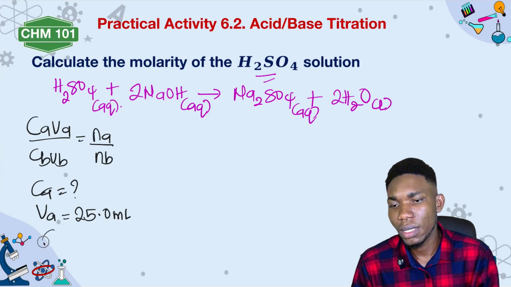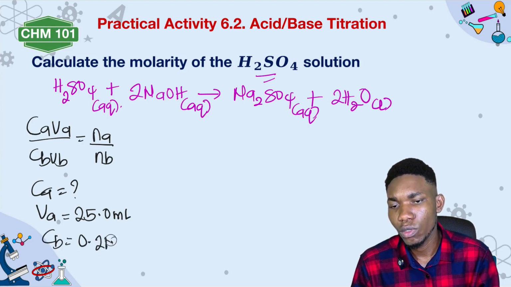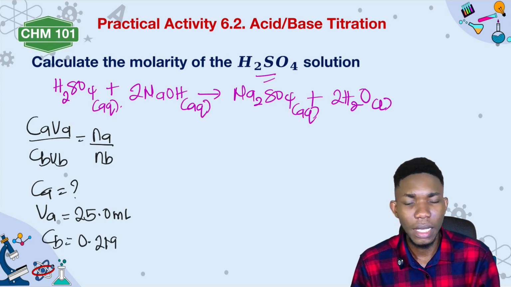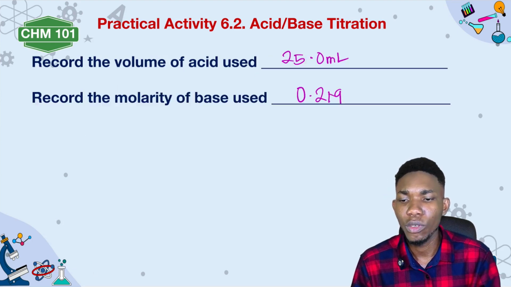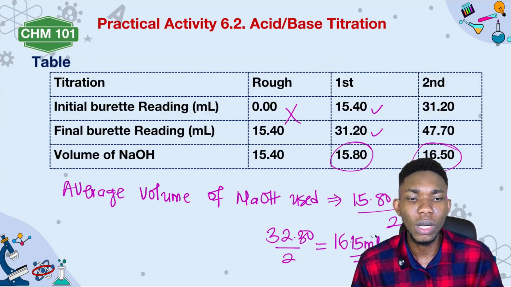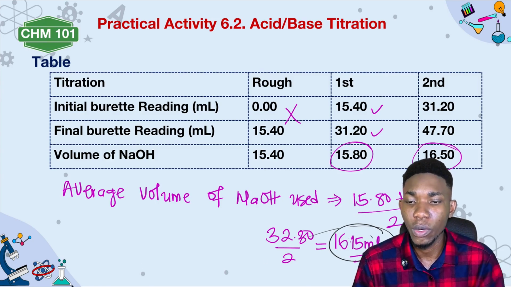Then the next one is the Cb. The concentration of the base given for this practical is 0.2 molar. And then the last one is Vb. The volume of base is your titer value, which is the one you calculated here. For this case, it's 16.15 ml. Your Vb will be different from what I have here, depending on the values you have.